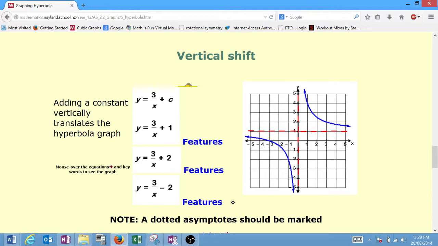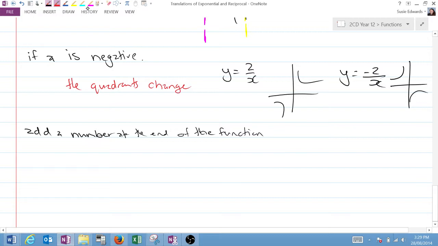So then we go plus 2, the whole thing moves up by 2. Take 2, the whole thing moves down by 2. So same rules as before, if we add, it moves up, including the asymptotes. Remember that there are 2 of them. If we subtract, it moves down.